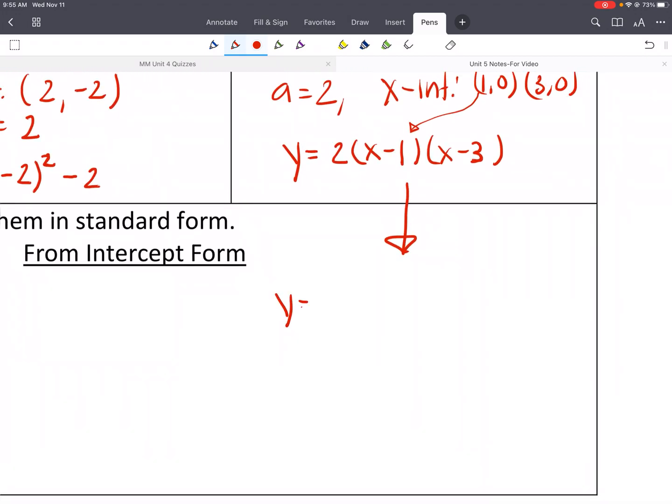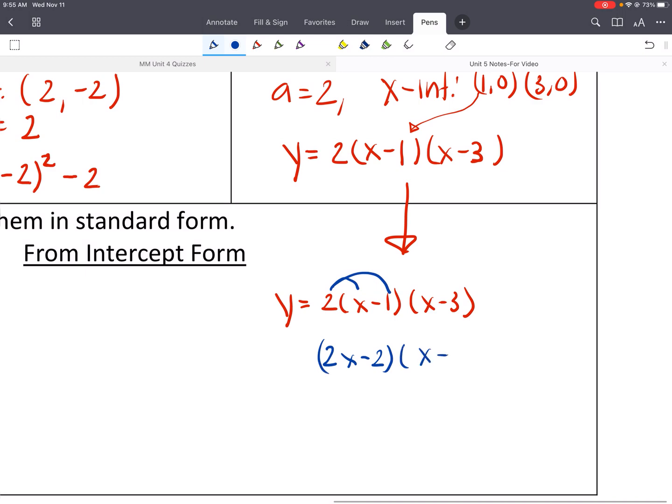If we have y equals 2 times x minus 1 times x minus 3, okay, if we were to distribute, we could distribute the 2 to get 2x minus 2, and then we can multiply those two parentheses to each other.